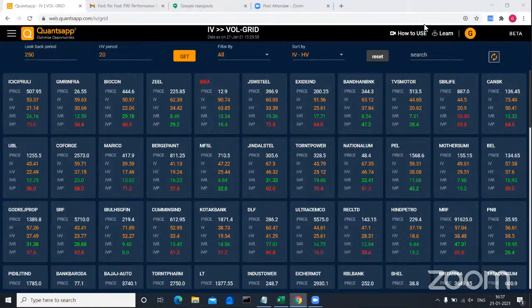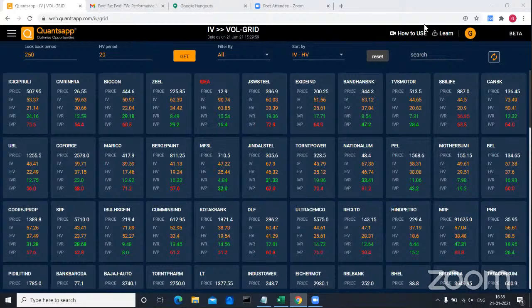So implied volatility, our IV, means it's giving you a forecast of the likely movement of the security price. If I want to know what the volatility is at present, implied volatility is giving me a forecast of how much movement can come in the stock prices. And that movement can be on the positive and the negative side both.